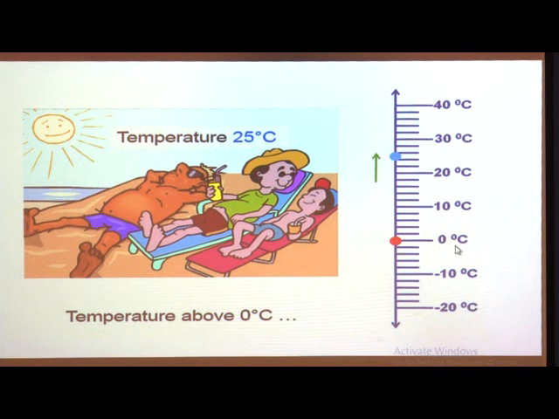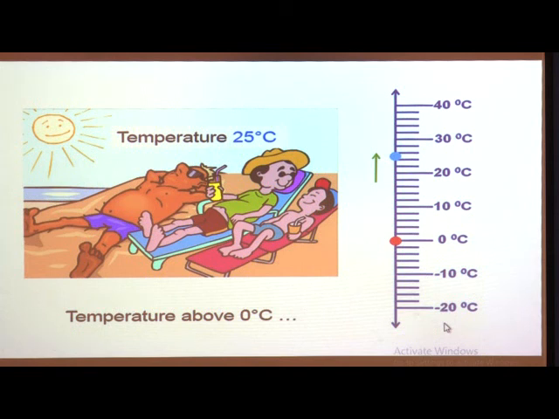Here it is 0, and as we go up, in increasing order, the temperature increases as 10 degrees, 20 degrees, 30 degrees, 40 degrees. And as we go down, where the snow falls in a very high amount, the temperature may be minus 10 degrees, minus 20 degrees centigrade, minus 30 degrees centigrade, yes. In this way the negative numbers are used.